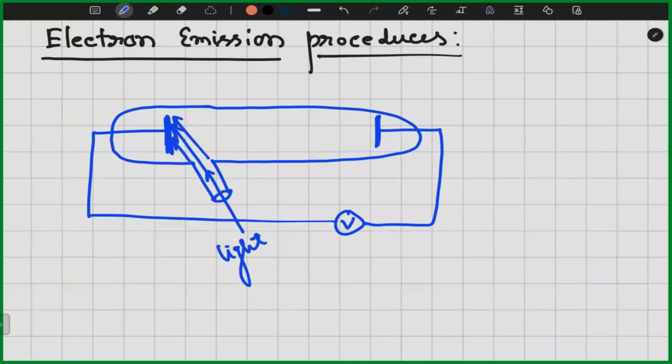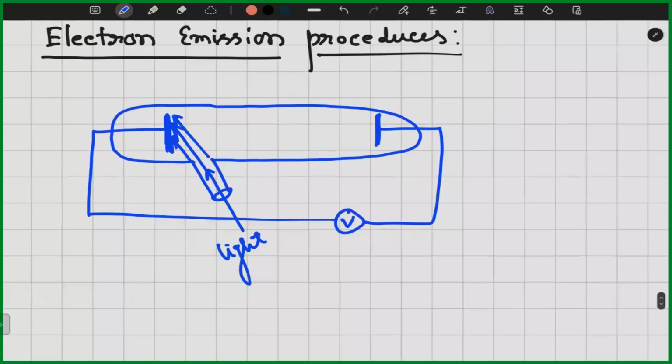When the light is radiated to this plate, sometimes we can see the deflection of that voltmeter occurs. What does that mean? That means due to irradiation of that light on the metal plate, not the cathode, sorry, this is a metal plate, we can have some deflection in the voltmeter. That means flow of electric current occurs.